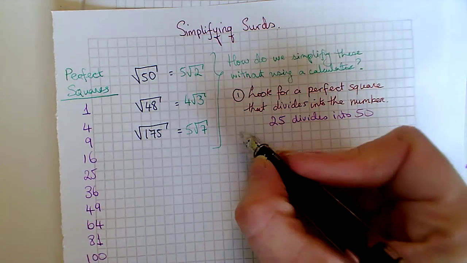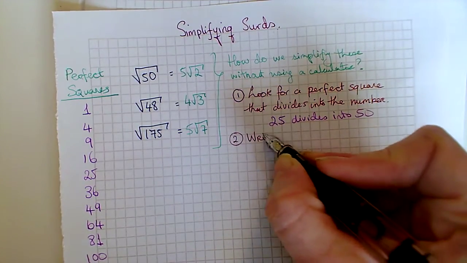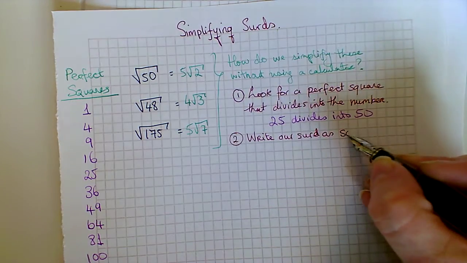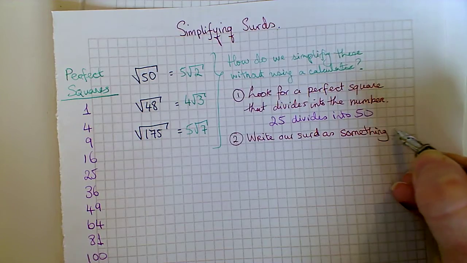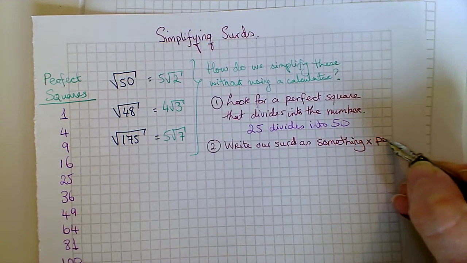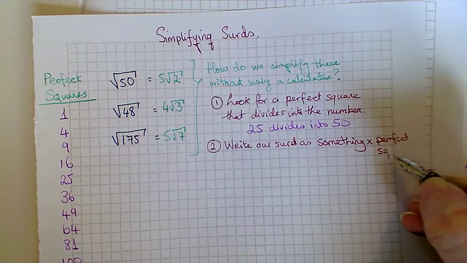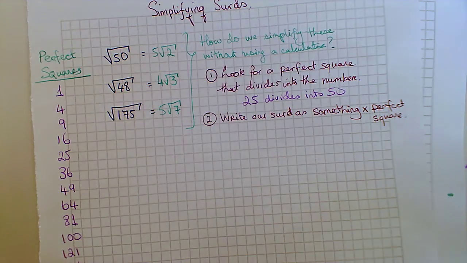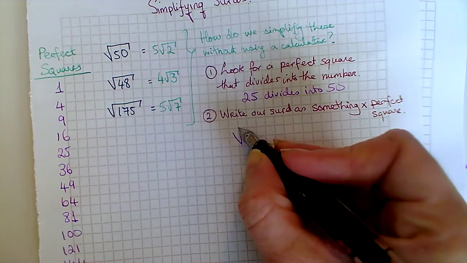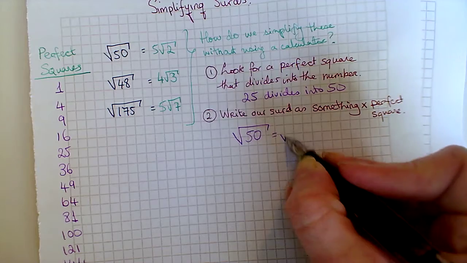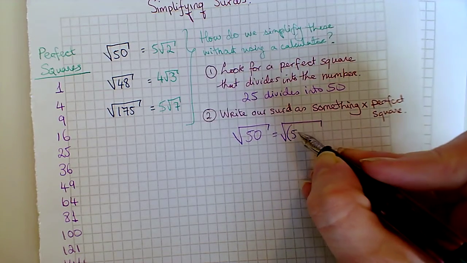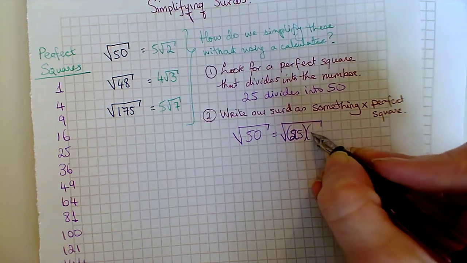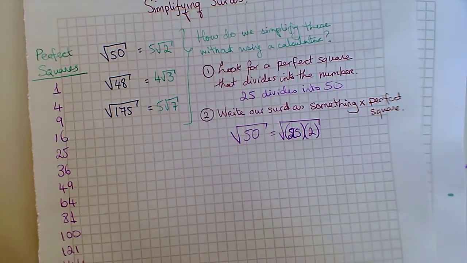We write our surd as something multiplied by that perfect square. So in the case of 50, instead of having the square root of 50, I'm going to write that as the square root of 25, my perfect square, multiplied by 2. So 50 is 25 by 2.